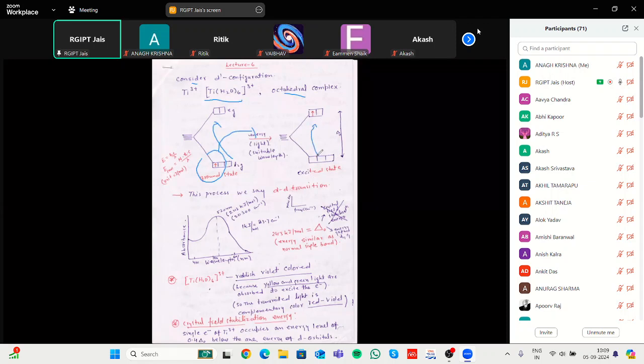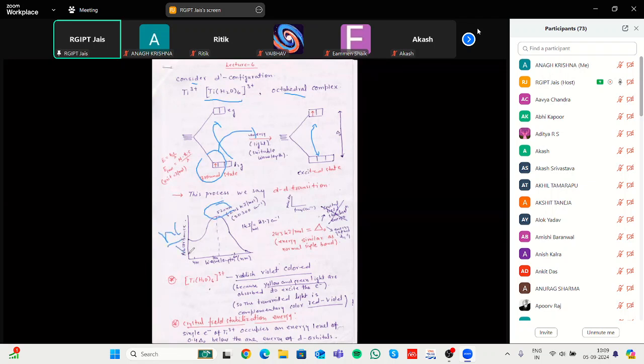This d-d transition can excite the electron from the ground state to an excited state for a particular wavelength, and that particular wavelength absorbed by the electron can be calculated by hc/lambda.